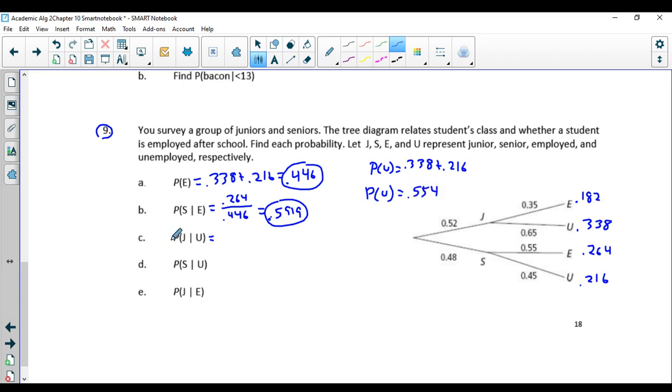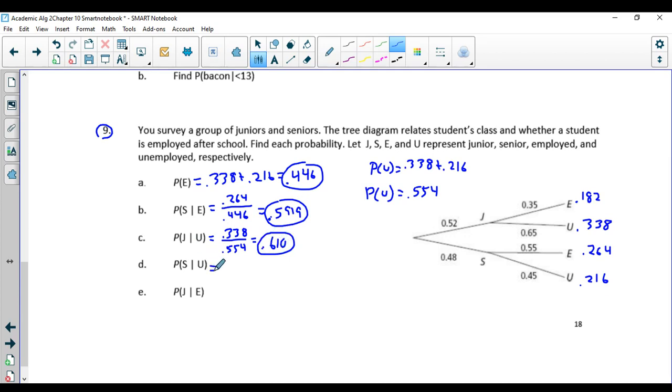So that's our denominator for letter C. That's the probability of being unemployed. And then junior and unemployed is our numerator, which is 0.338. And we get 0.610. So if we look at all the unemployed juniors and seniors, 61% of those would be juniors.